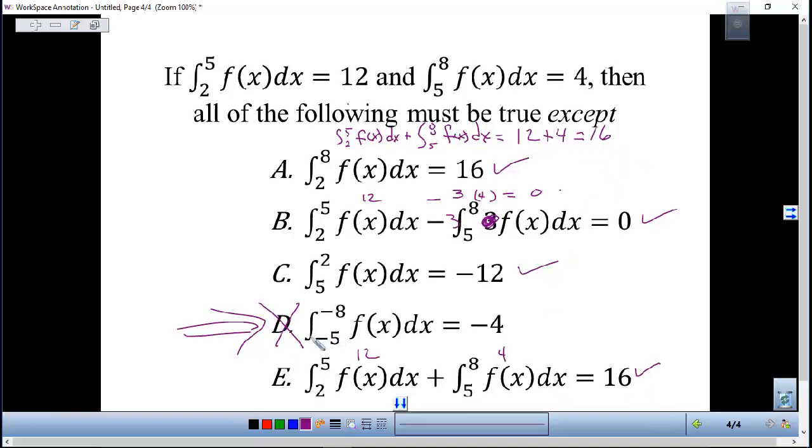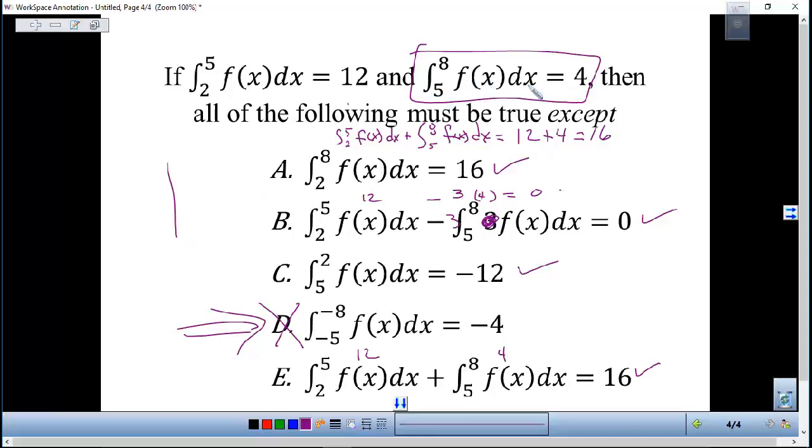Now, let's look at D. D says the integral from negative 5 to negative 8 of f of x dx equals 4. That's trying to use this one right here, but changing the signs of the upper and lower bounds. Well, there's only one problem here. You have to think about what we're actually finding.